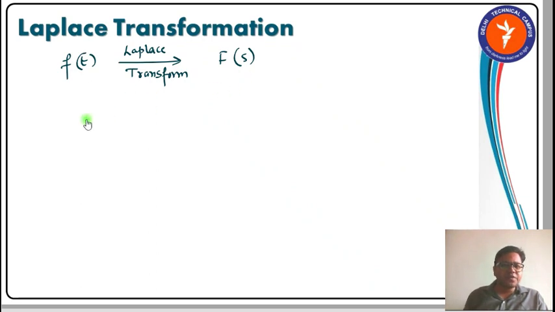And how does this transformation occur? I can define the Laplace transform of f of t as capital F of s, to be equal to the integration from 0 to infinity of f of t times e raised to power minus st dt.